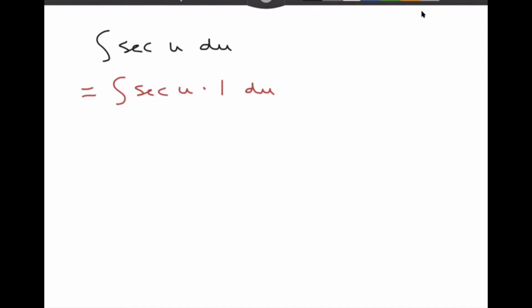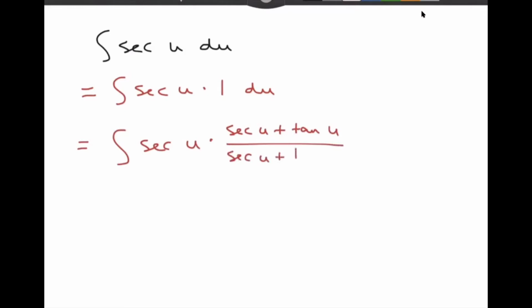And I can't believe you didn't think of this yourself. Just kidding. The way that I'm going to write that 1 is like this. I'm going to write it as secant u plus tangent u over secant u plus tangent u. What? Well, just bear with me.